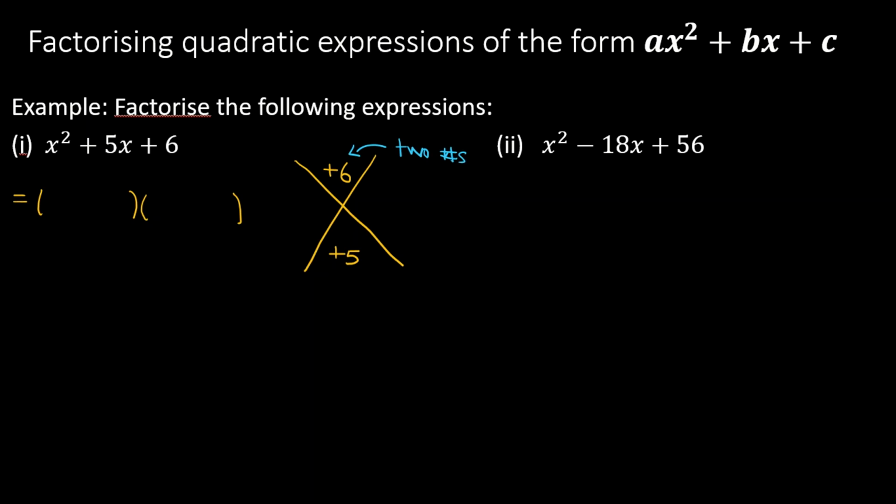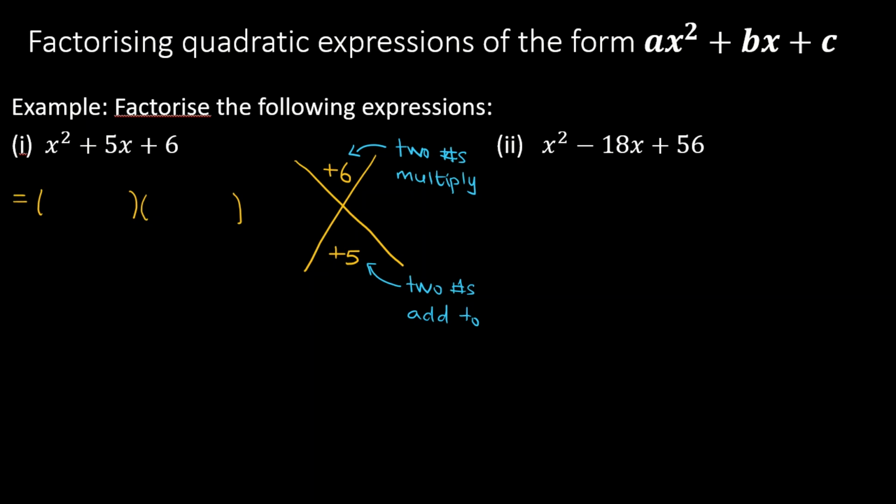Two numbers which, when you multiply, give positive 6, and the same two numbers which, when you add, give positive 5. What are the two numbers?